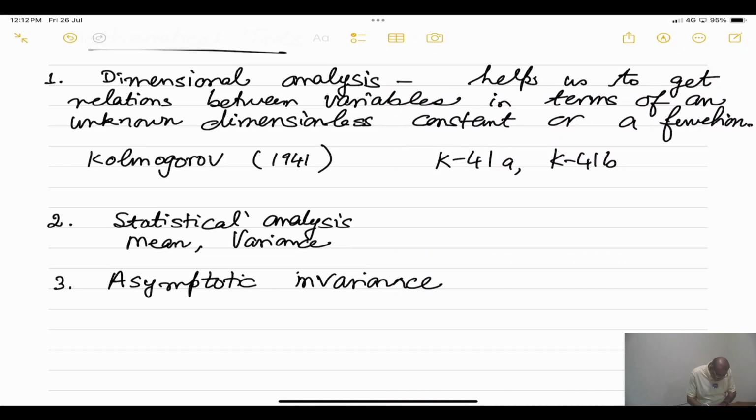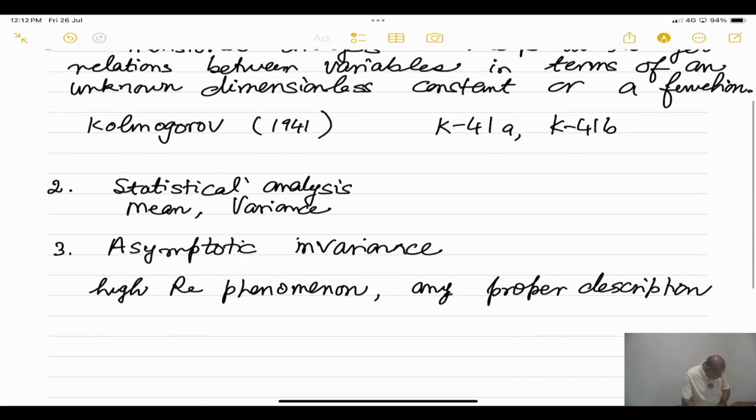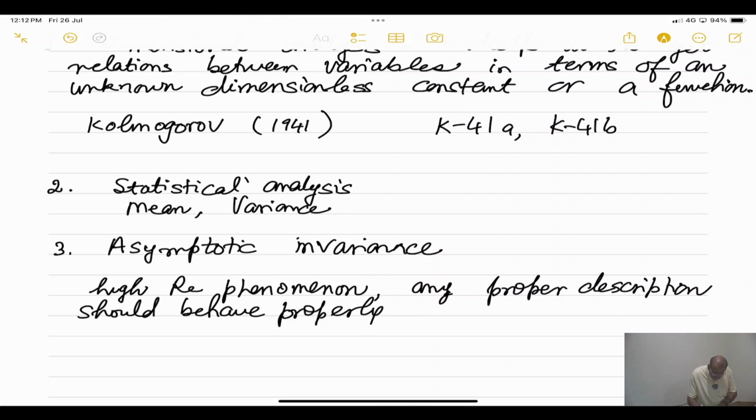And as we have seen, turbulence is a high Reynolds number phenomenon. So any proper description should behave properly as Reynolds number becomes very large, which we write by saying Reynolds number tends to infinity.